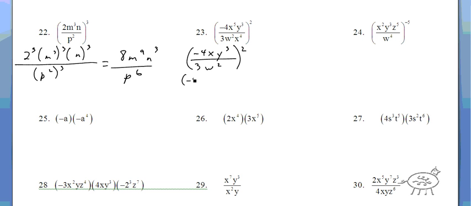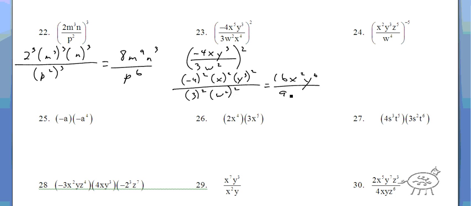So it's negative 4 squared, x squared, y cubed squared over 3 squared, w squared squared. So we get 16 x squared y to the 6th over 9 w to the 4th. Okay, and that's your answer. There's nothing you can do.